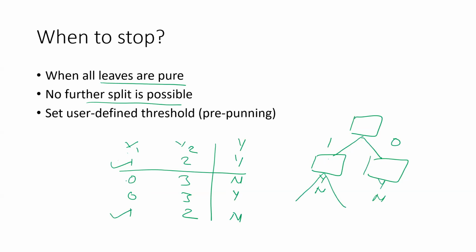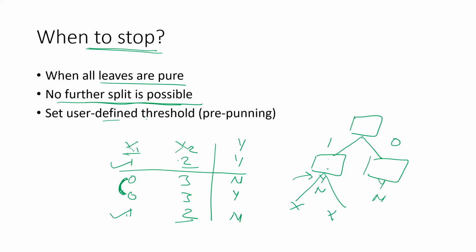You cannot split according to x1, because the values are 1 and 1. Similarly, if you split according to x2, the values are 2 and 2, so again you cannot split this node. You don't have any possible features to split this node. Even though this node is not pure, you cannot split it further. So no further splitting is possible, and in that case you have to stop the splitting of the decision tree.